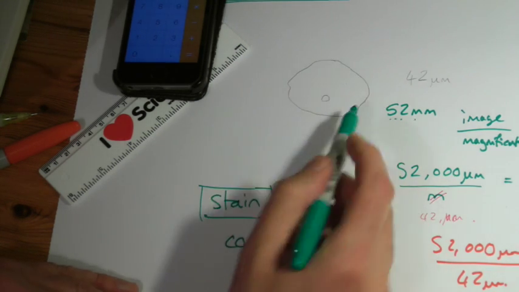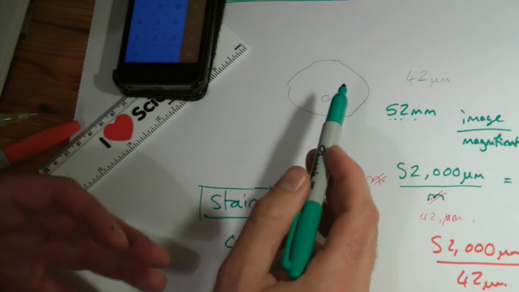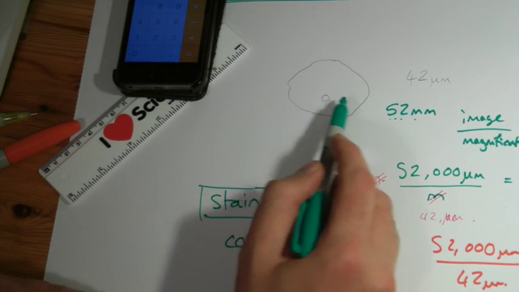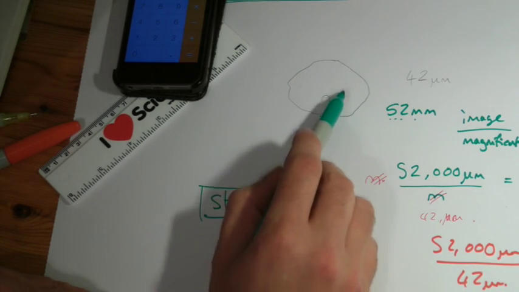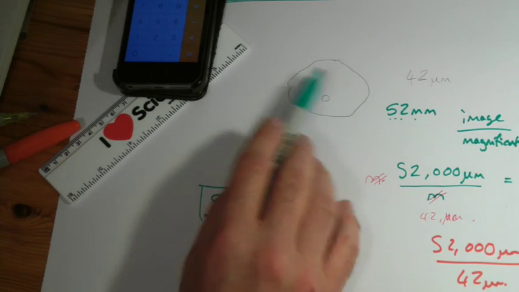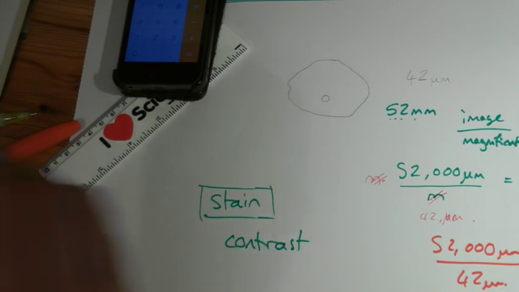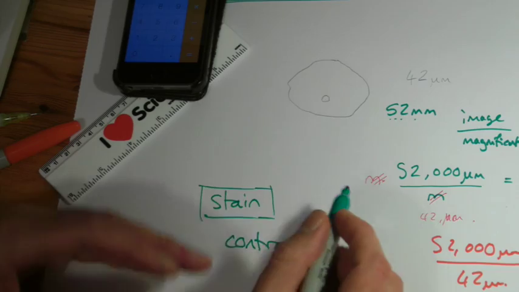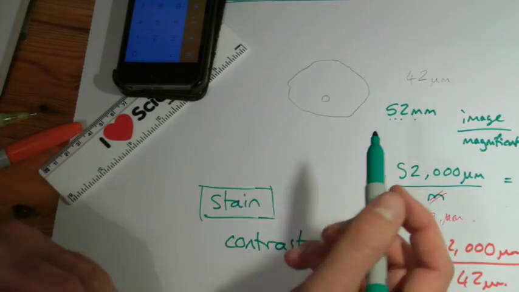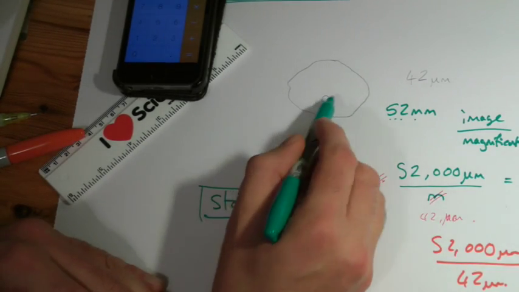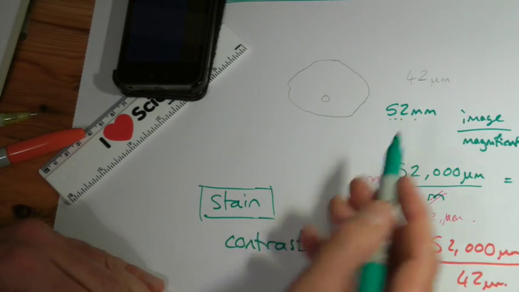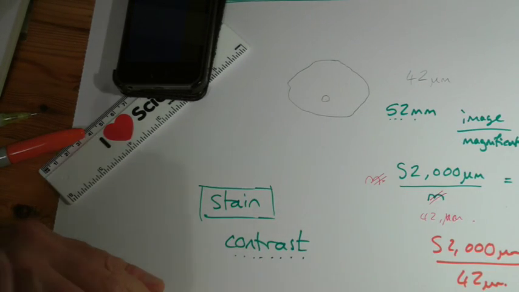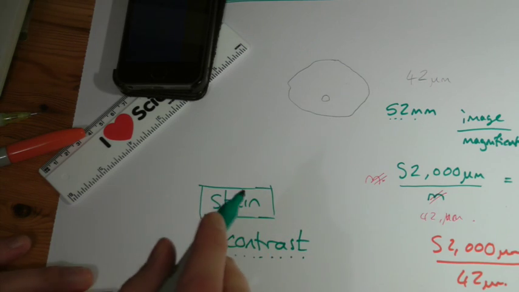Most of the cell and the organelles in here comprise mainly water, so there's not much difference between looking at, say, a nucleus, a mitochondria, or the cytosol. By adding a stain, you would make one part look a different colour or a darker shade than the rest. So stains are to increase the contrast to make it easier to see.